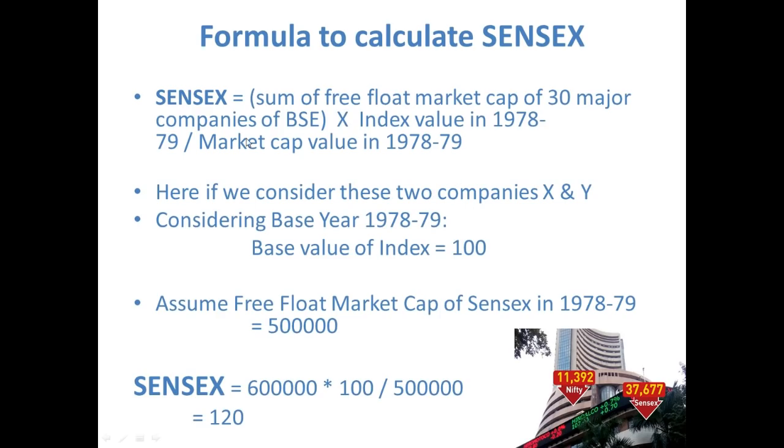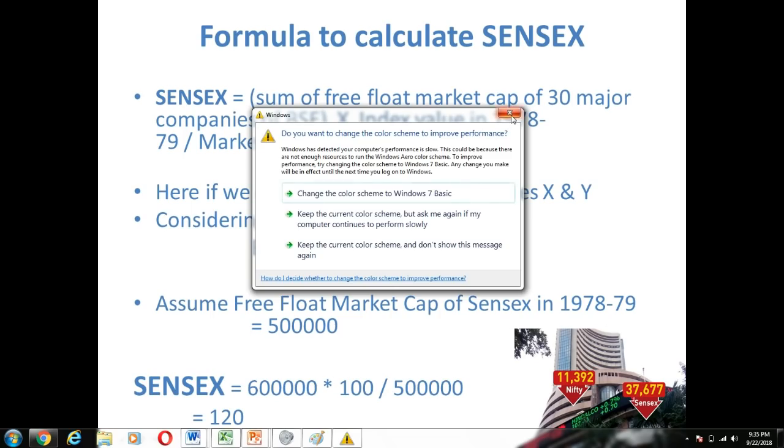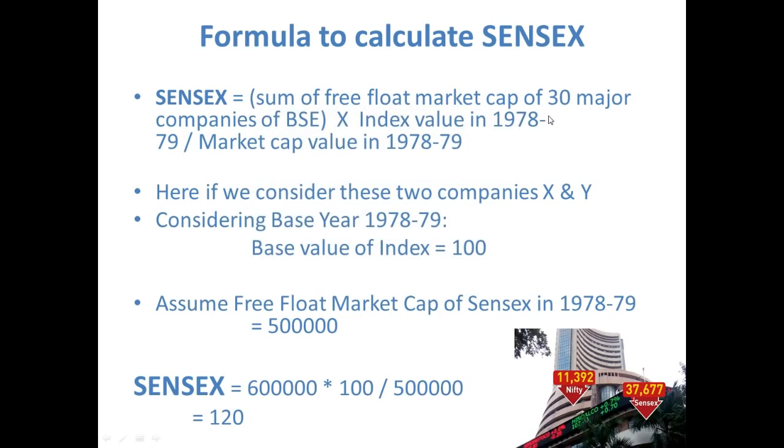So we will take the current free float market capitalization of all companies on the Sensex, multiply it by the base index value, and divide by the free float market cap in the base year. We are considering 100 as the base value in the base year 1978-79, and 5 lakhs as the free float market capitalization in 1978-79.